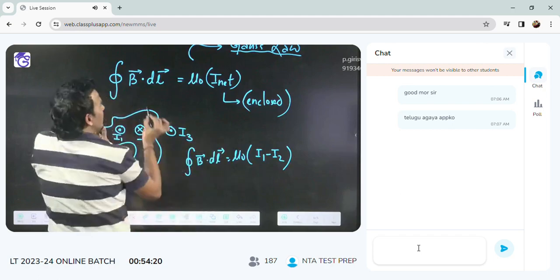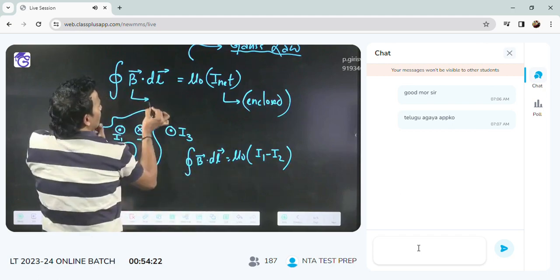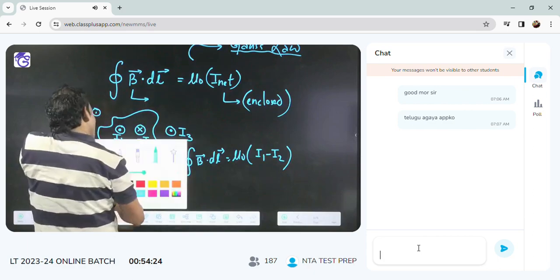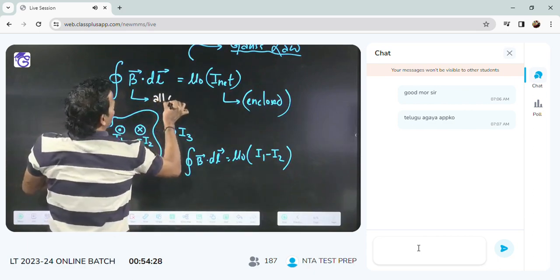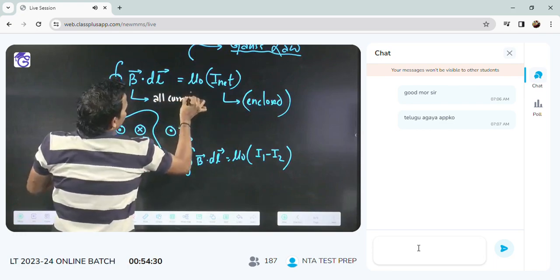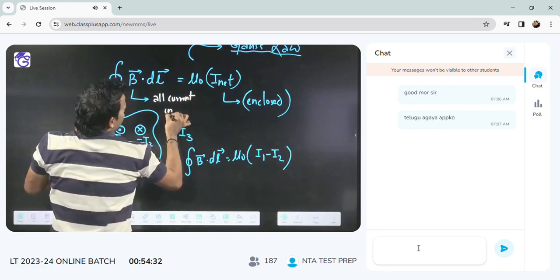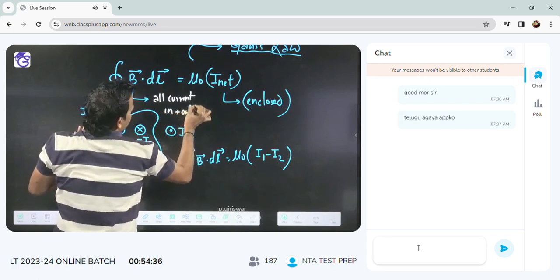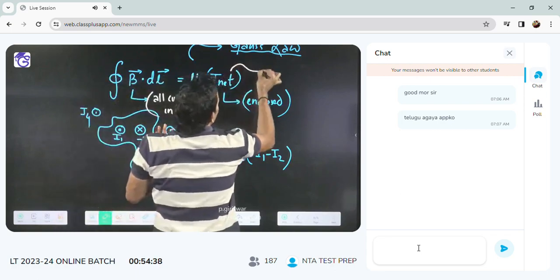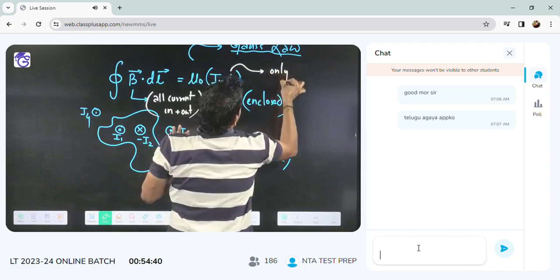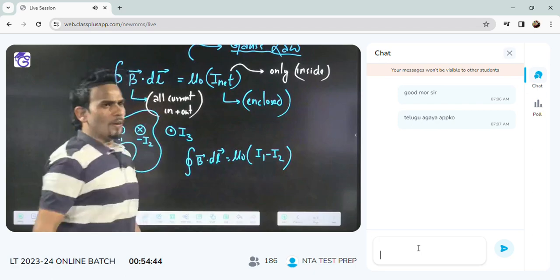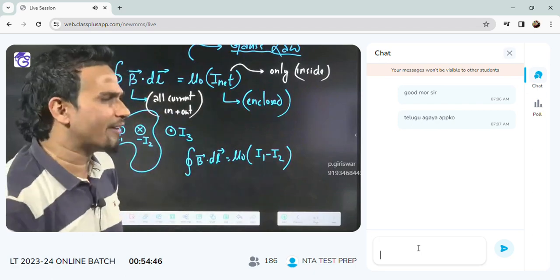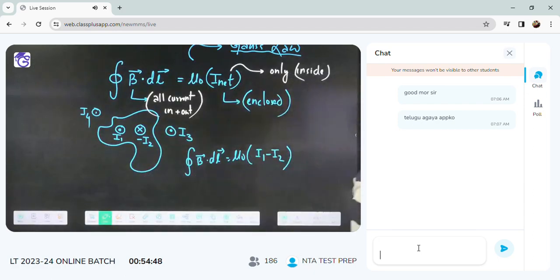And always remember, this magnetic field is due to all current, inside as well as outside. But this integral is only due to the current inside, the current enclosed by the loop.